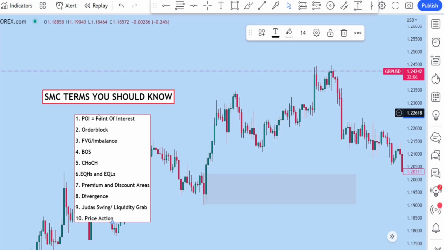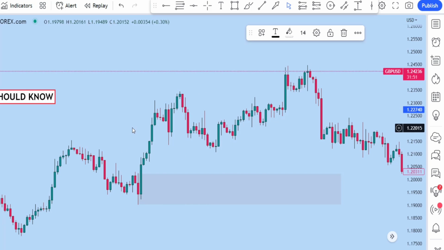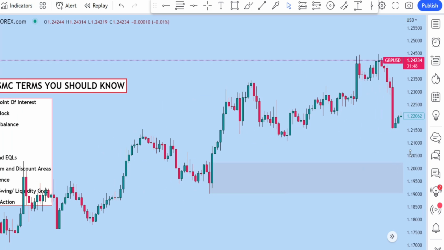The next one is an order block. We have two types of order block: a bullish order block and a bearish order block. What exactly is a bullish order block? Like I've mentioned, in this particular place you can see this is a downtrend and the last red candle I marked right here, let me make it more visible so you can see.